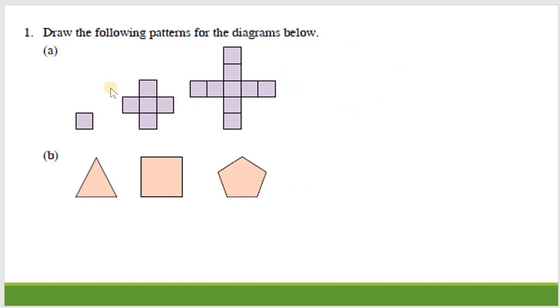Okay, so the first one is one square, and then add on side by side, according to the side, add on another square. And then continue to add on squares according to the side. So that means the next one you should draw something like this.